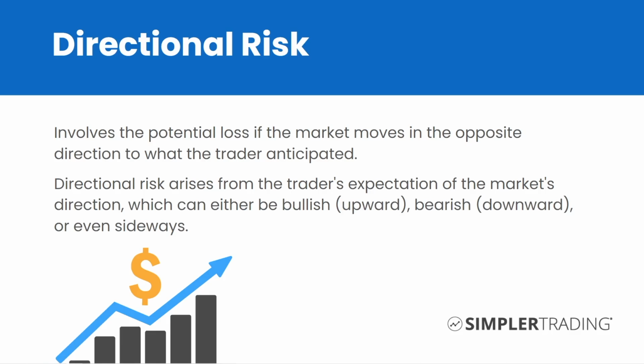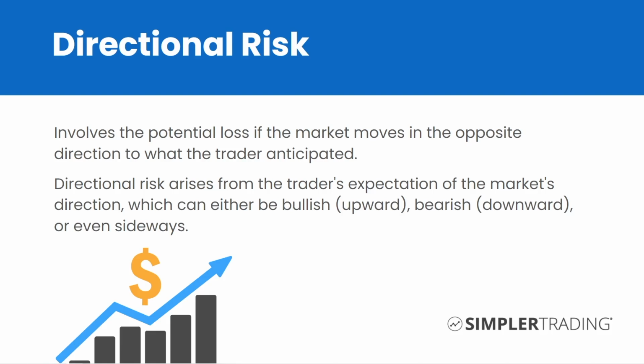Directional risk involves the potential loss if the market moves in the opposite direction of what the trader anticipated when they first put out a trade idea, right? Directional risk can arise from the trader's expectations of the market's direction, right? A trader might have a bullish thought of the market or of a chart, thinking that it's going to move upwards.